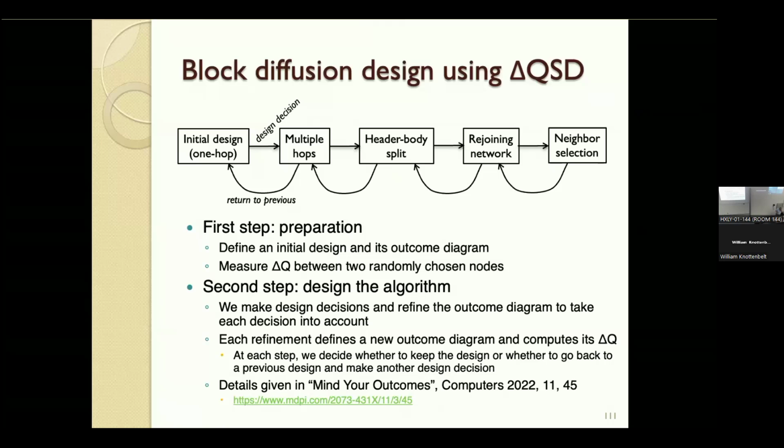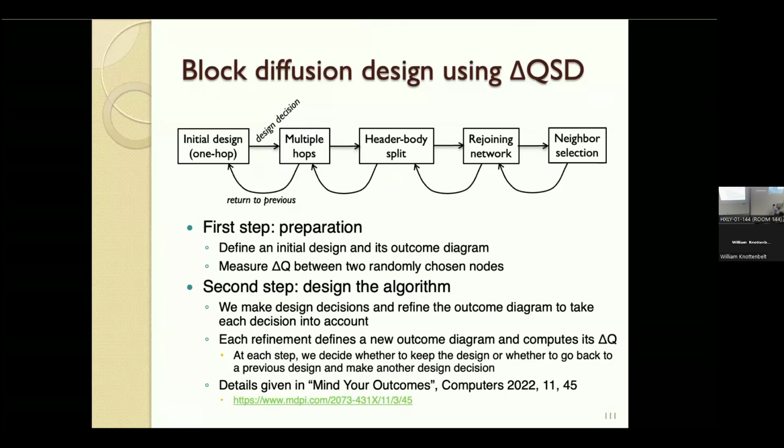For example, which neighbors do I contact? What are the conditions under which the blocks are forwarded? Do I divide a block into a header and a body and ask authorization, smaller, bigger? There are a number of different possibilities.